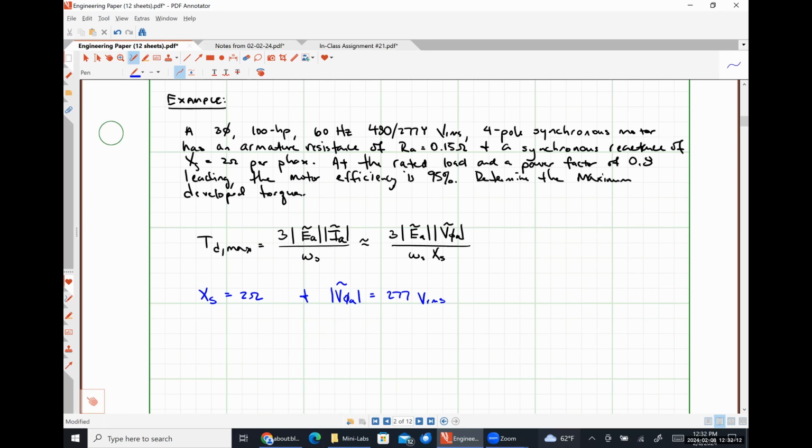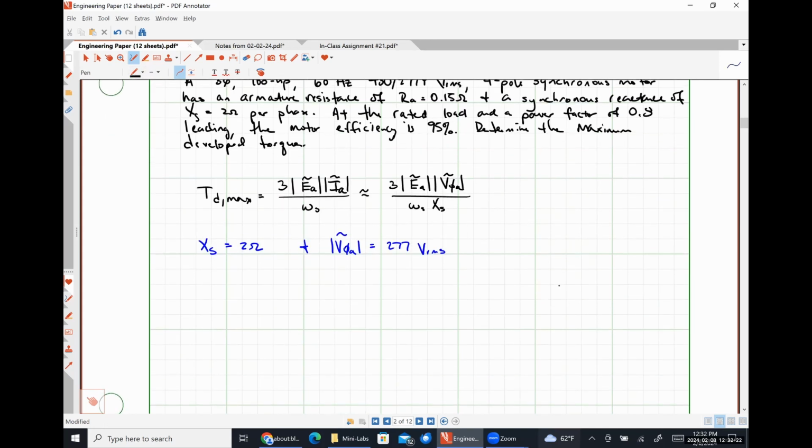So let's figure out the easier of the two quantities first, omega_S, okay? So omega_S is just our synchronous speed measured in RPMs, which we actually don't know just yet, times a factor of 2 pi over 60.